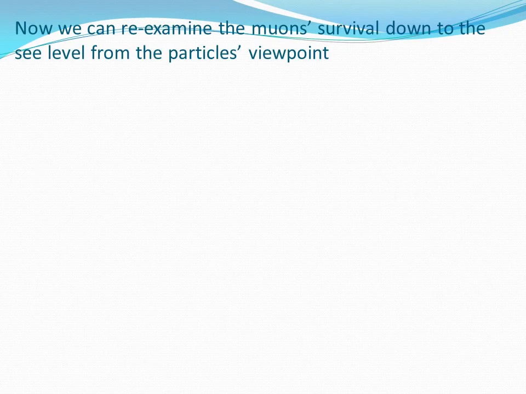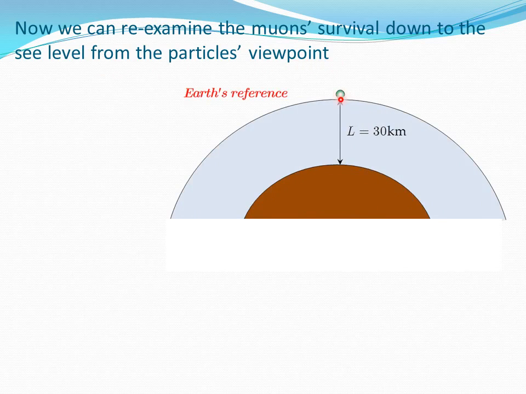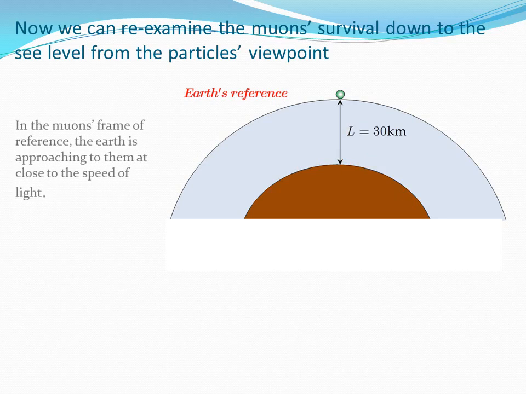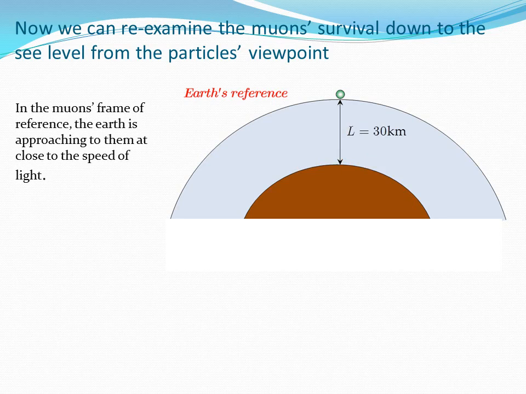The length contraction effect can explain the muon's survival down to the sea level as seen from the particle's viewpoint. As we know, muons are created at an altitude of 30 kilometers and, as seen from an observer who is standing still on the ground, they travel in direction of the sea level at close to the speed of light. But in the muon's frame of reference, the Earth is approaching them at close to the speed of light.